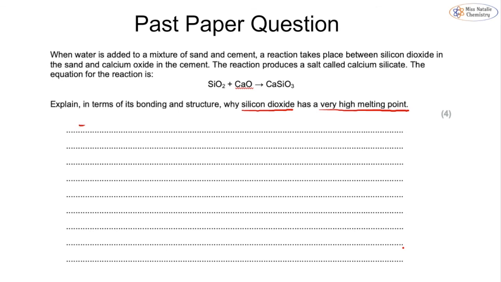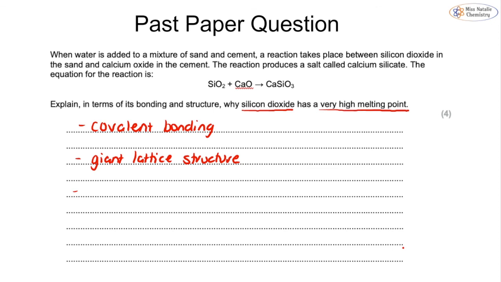So first of all, it contains covalent bonding. We know this because it is two nonmetals joined together, silicon and oxygen. It has a giant lattice structure, because we said that silicon is one of the ones that will always form this giant network structure. Then we have to think about the high melting point. Well, what could be causing that?